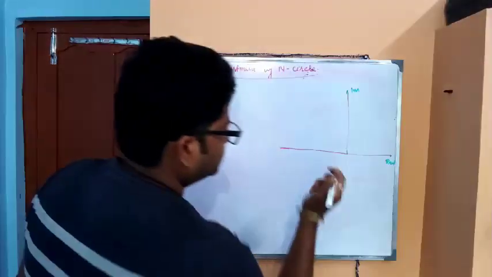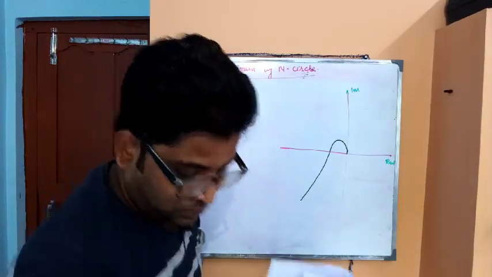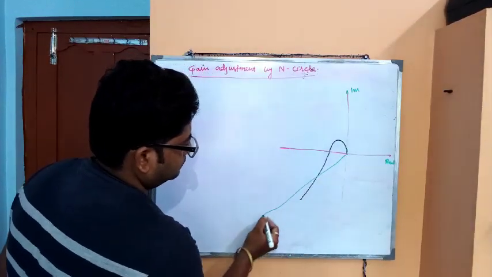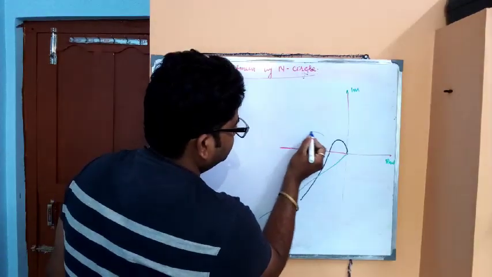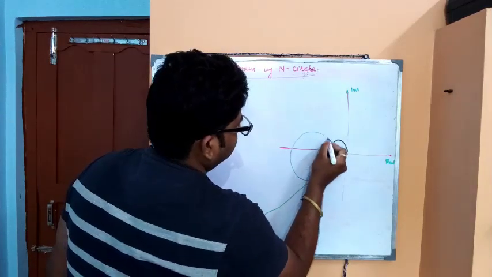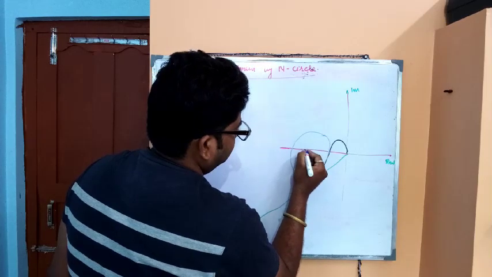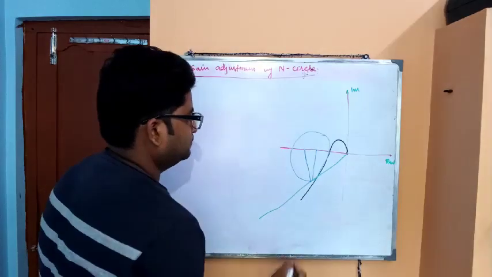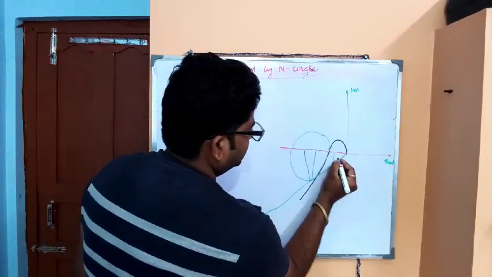Now this is the circle. Point A, point B. This angle we consider as theta.